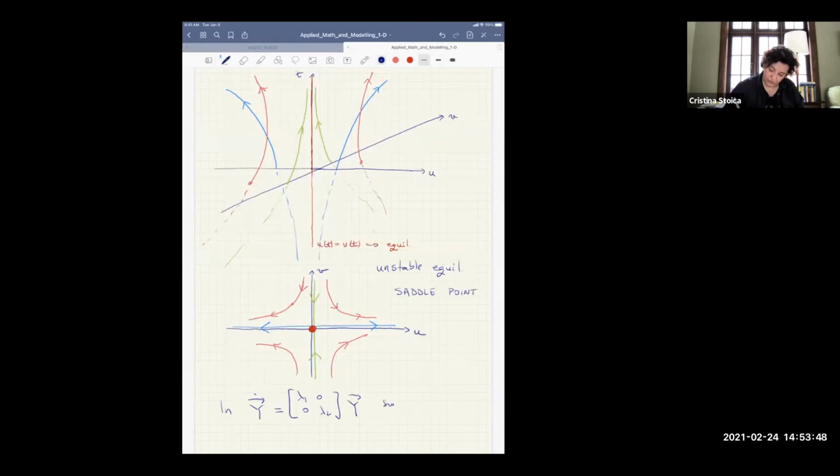That's what is going on. So in this system, we have the 0, 0 equilibrium, which corresponds to the original X naught, Y naught equilibrium, right?